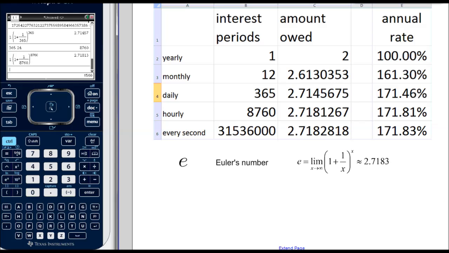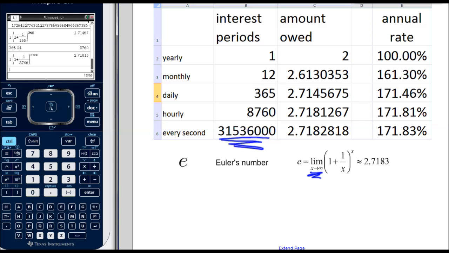So you can see if we take the limit as x goes to infinity, or in other words, if we continue that, if we compound it every second, if we compound it every millisecond, so we're making this number larger, the number of times per year that we're given the opportunity to pay it off.